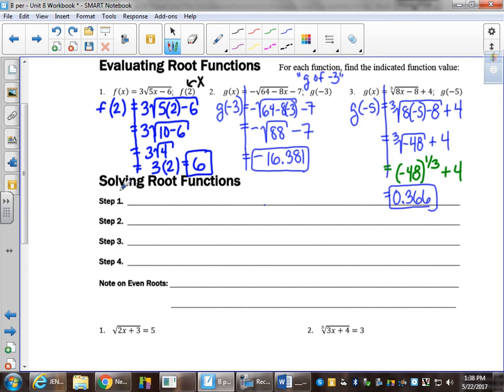To solve root functions, step 1, if needed, isolate a radical on one side.